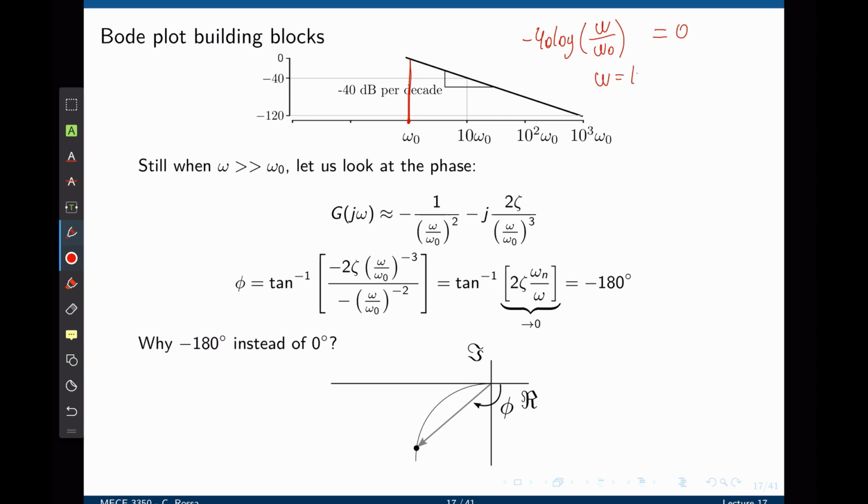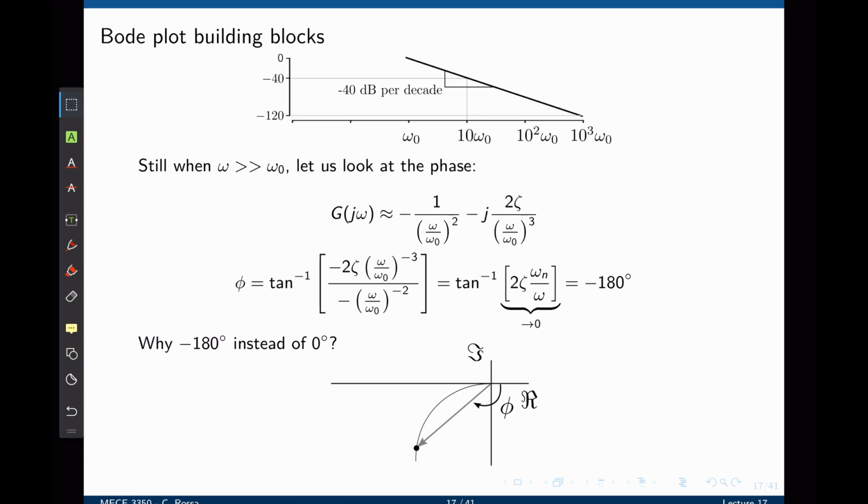If omega is 10 times omega 0, this is negative 40 log of 10, which is negative 40. If omega is 100 times omega 0, this will be negative 40 log of 100, which is negative 80 decibels, and so on. So as the frequency increases by a factor of 10 past the cutoff frequency, the Bode plot now goes down by 40 decibels. This adds a slope of negative 40 decibels per decade past the cutoff frequency.